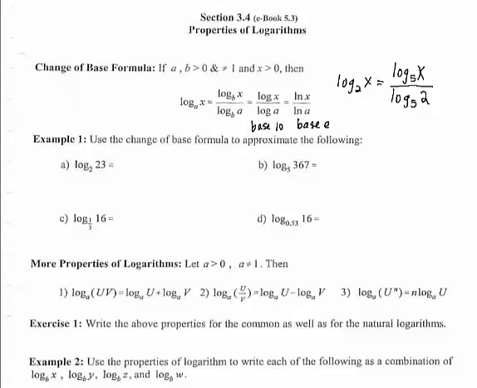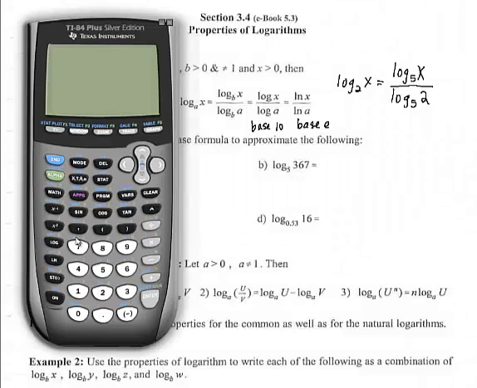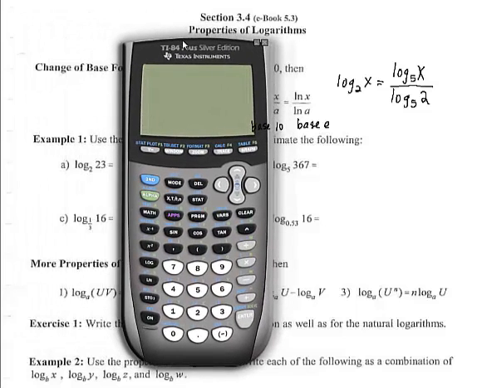I'll bring up my calculator. And as I mentioned with this particular one, TI-84, I actually have a function under the math menu, log base, to where I can enter in any positive number for my base.